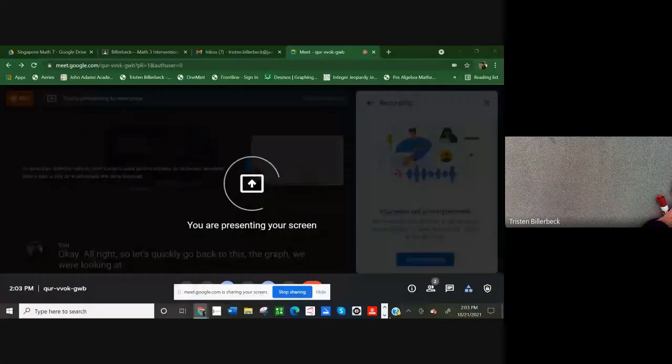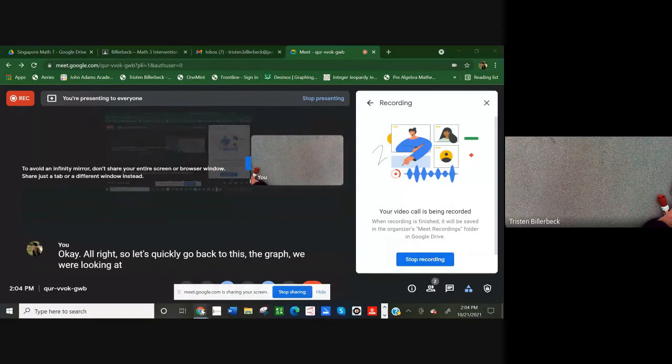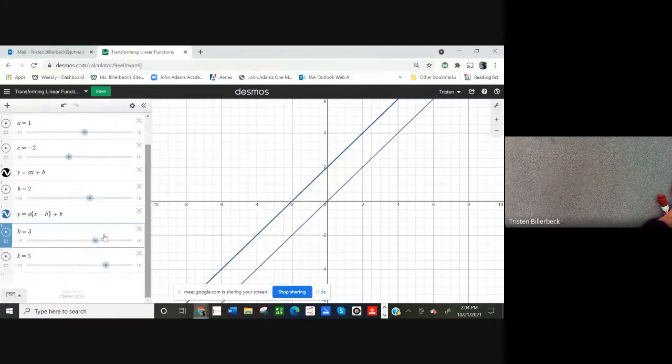All right, so let's quickly go back to the graph we were looking at. This time we're going to put everything back to where it was on the parent.